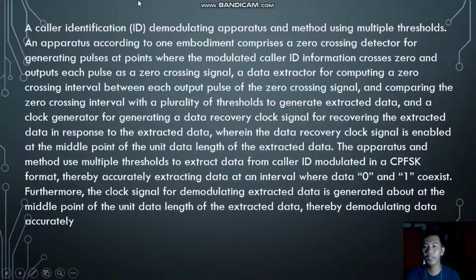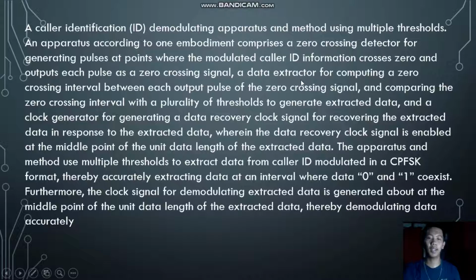A color identification modulating apparatus and method using multiple thresholds. An apparatus according to one embodiment comprises a zero crossing detector for generating pulses at points where the modulated color ID information crosses zero and outputting each pulse as a zero crossing signal.